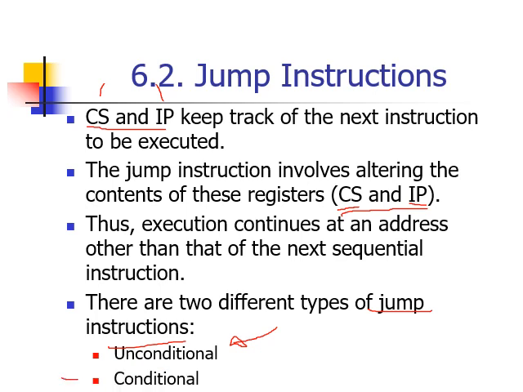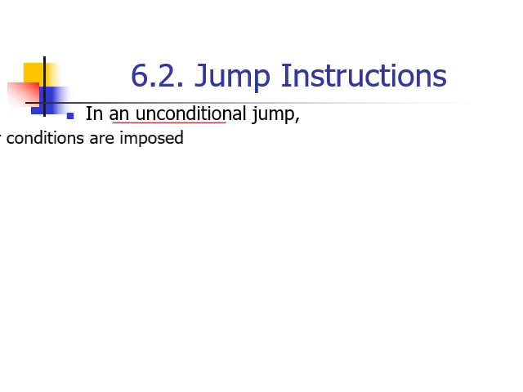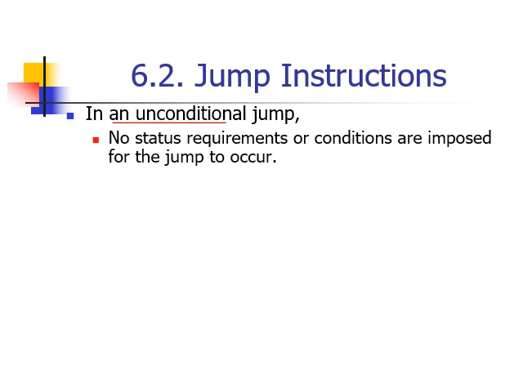And there is also a conditional jump. You do the jump after satisfying some condition. If a condition is met, you jump. And the condition is usually checked through your flag bits. In the unconditional jump, you don't have any condition to be imposed or checked.